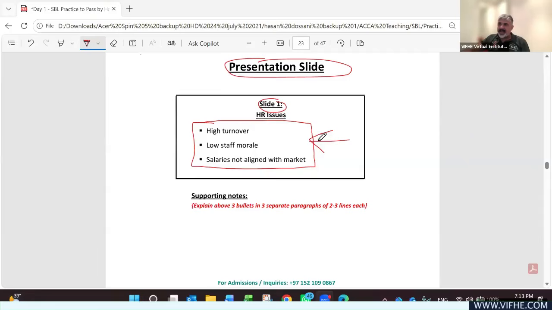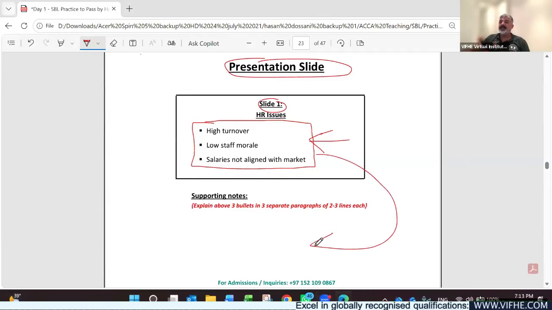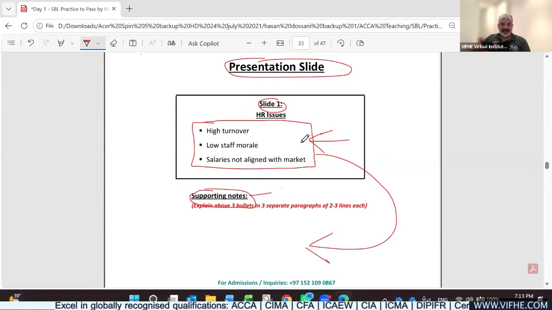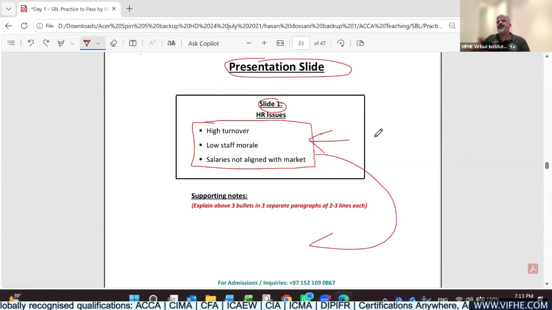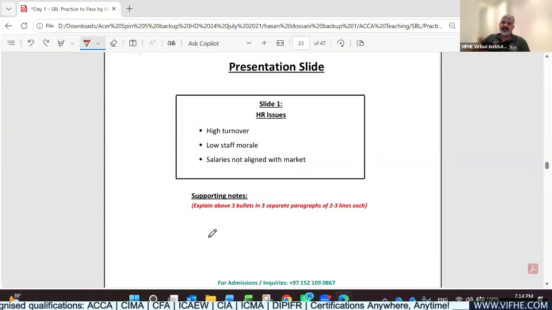But where will be the explanation of these points? It will be here under supporting notes. Sometimes the examiner calls it speaker notes. So the explanation of these bullets you will need to write here under supporting notes.